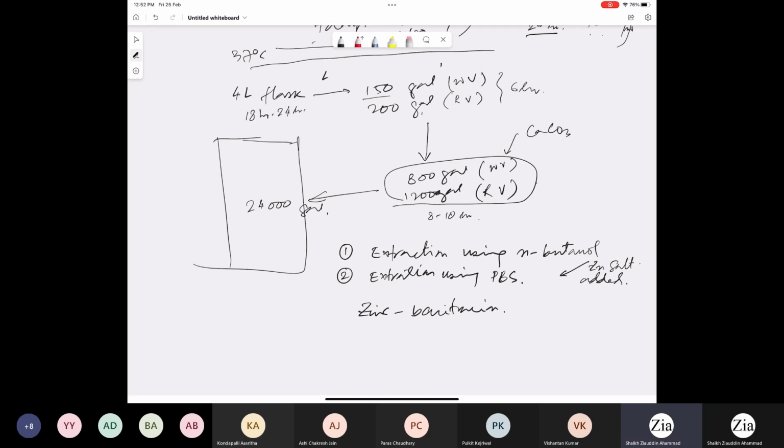So the zinc tag shows higher potency and also it has higher storage stability.